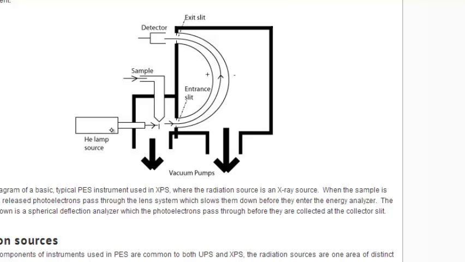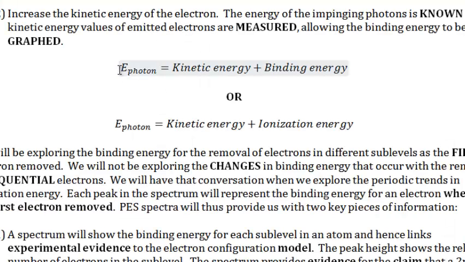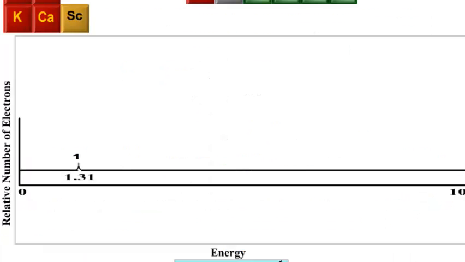The energy of the electrons that leave the sample is measured. So I know E photon. I measure the kinetic energy. That's what the detector's measuring, the kinetic energy of those electrons. Through a simple bit of math, I can calculate this binding energy.